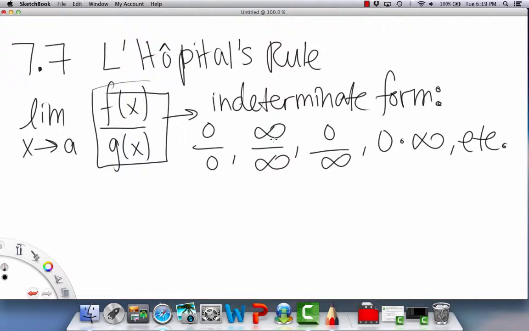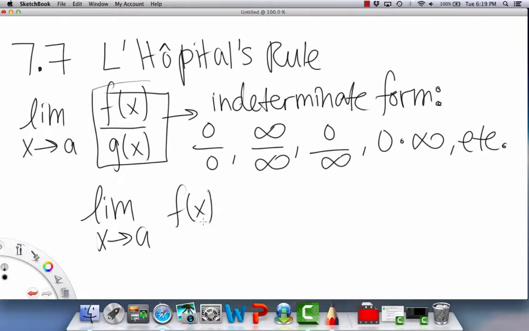That's what it's considered. So anyways, L'Hopital says that whenever this happens, when your x is approaching a, and f of x over g of x is some form of this, then the following equation holds true.